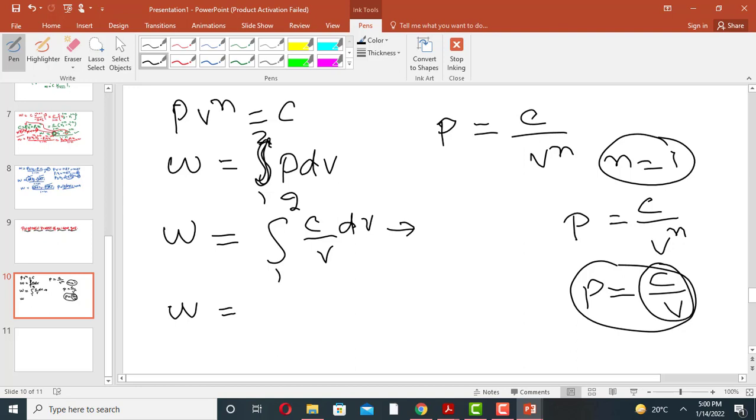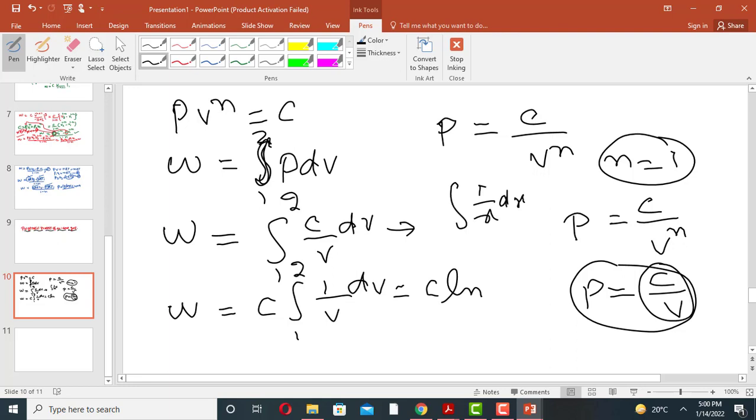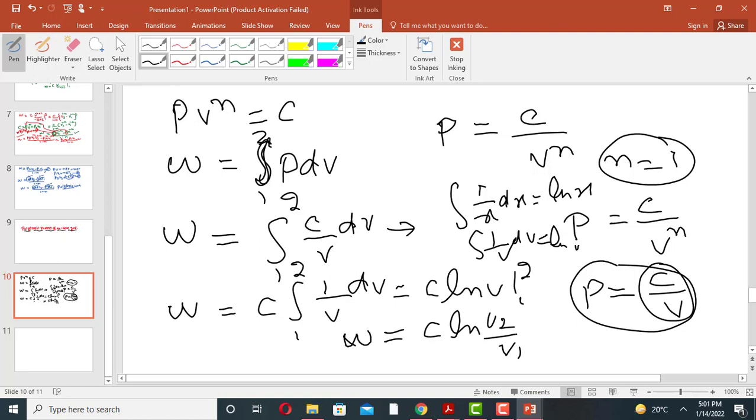It can be further simplified: C comes out of the integral of 1 divided by V dV, which is equal to C ln, because the integral of 1 divided by x dx is ln x. Taking the limits from point 1 to point 2, it will be equal to C ln (V2 divided by V1). It is called the isothermal work.